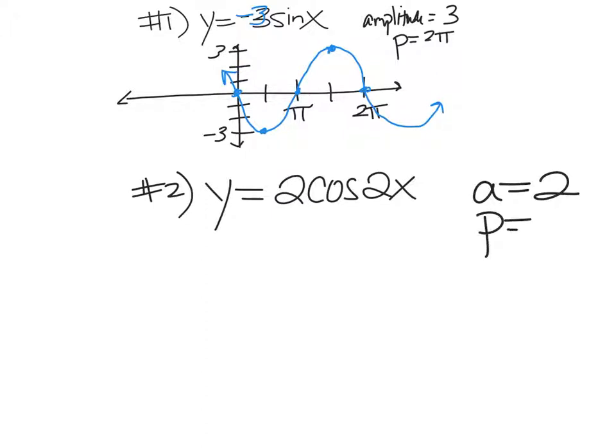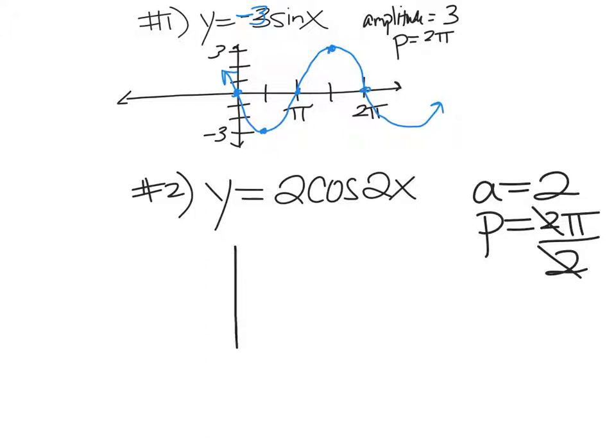And the period is 2 pi over b. In this case, b is 2. B is always the number in front of x. If you were to distribute that b, it would still be next to x. And so the period of this graph would just be pi.